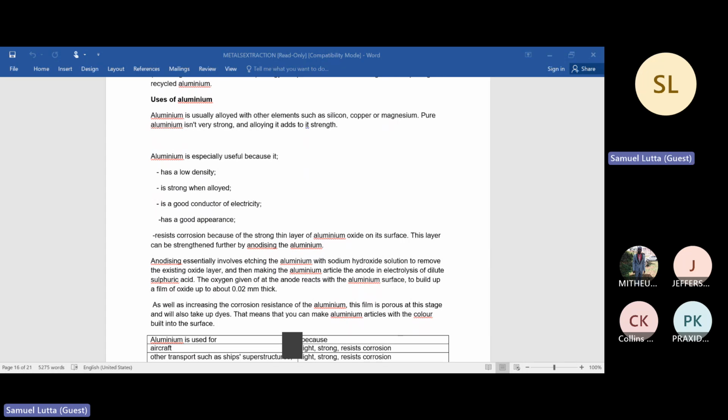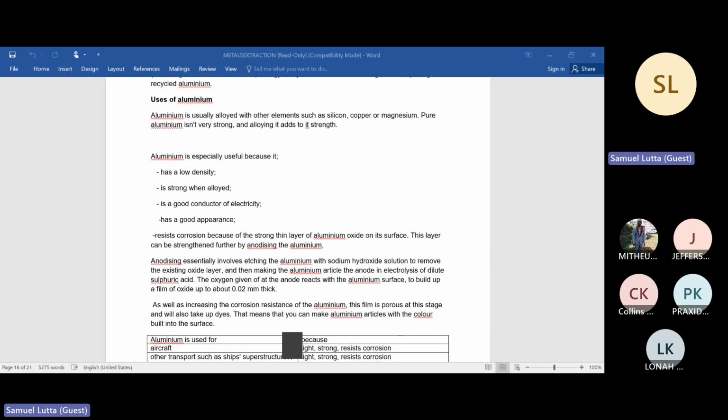So aluminium, I think some of the uses we know. We'll not go word by word, but the major use of aluminium is making utensils and parts of the aeroplane because it's light. And then to make pans because it conducts electricity easily.